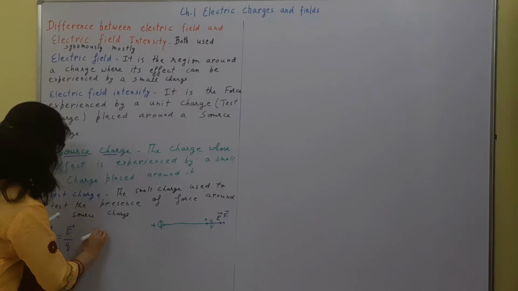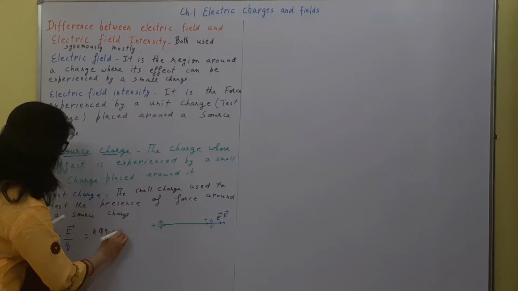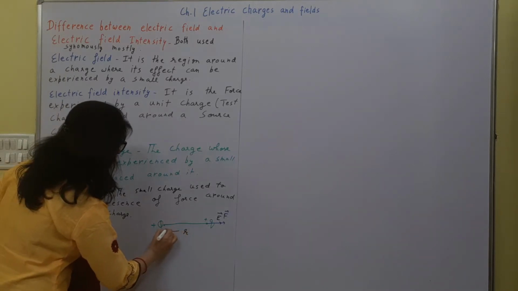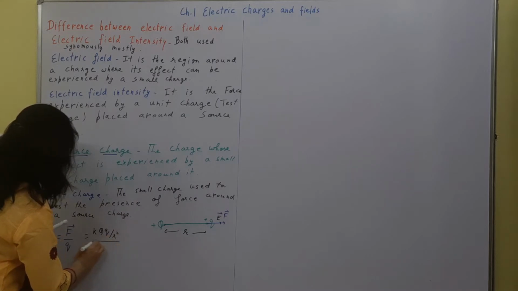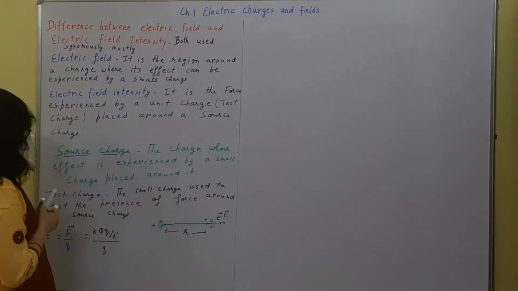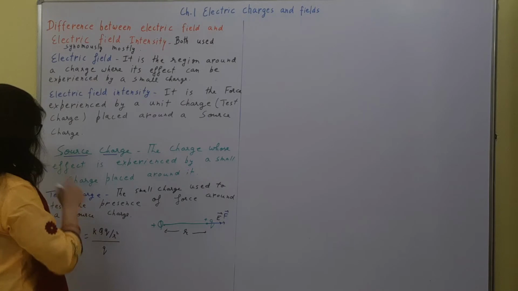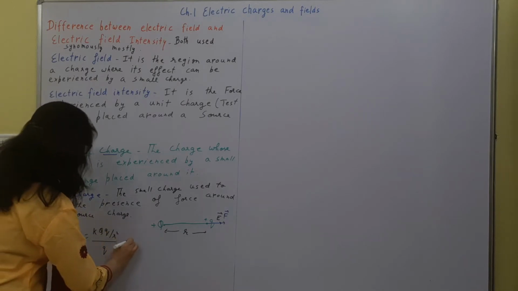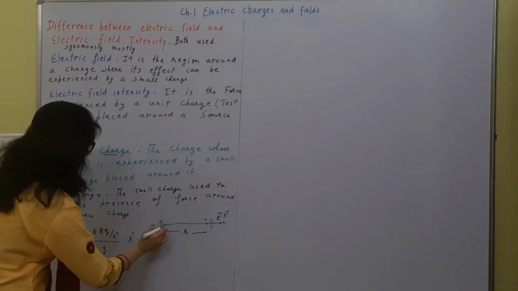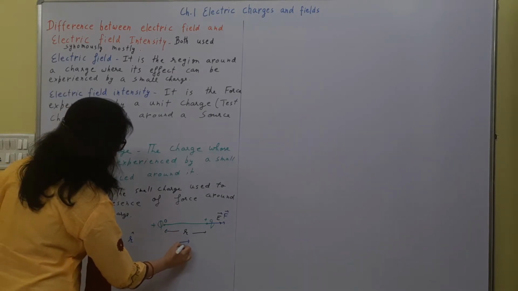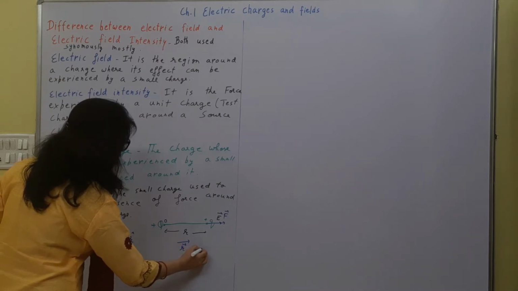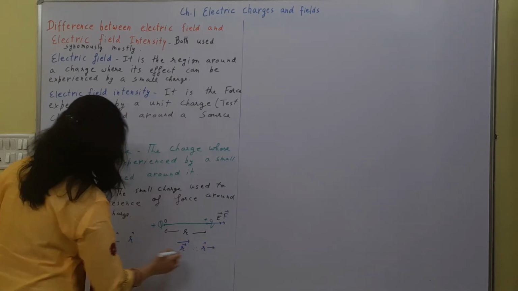That means we can write it like this. This is K Q Q upon R square, upon Q. This is the magnitude and the direction will be R cap if this is considered at O, and this is the R vector direction. Therefore, R cap direction is also this one only.